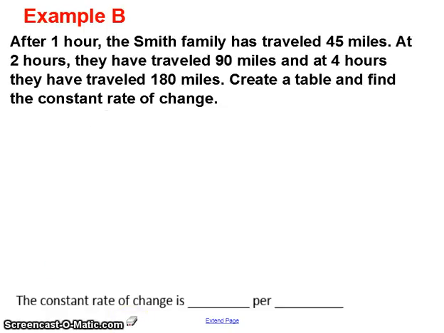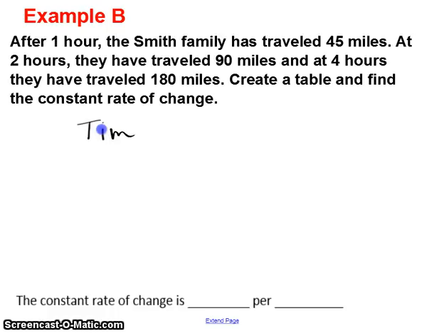All right, example B says, after 1 hour, the Smith family has traveled 45 miles. At 2 hours, they have traveled 90 miles. And at 4 hours, they have traveled 180 miles. Create a table and find the constant rate of change. All right, so I'm going to want to create a table to help me figure this out.